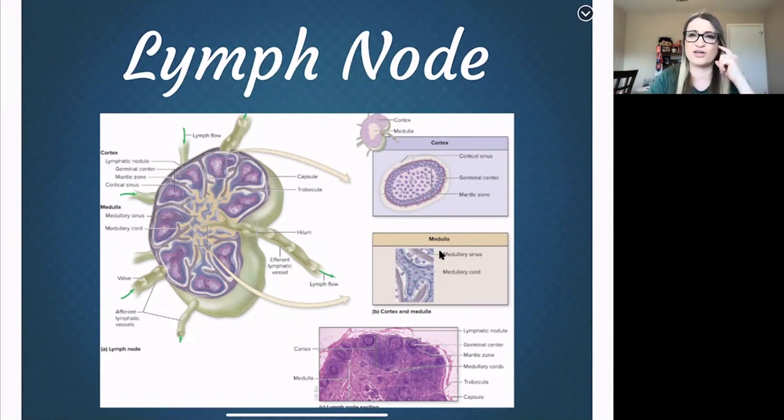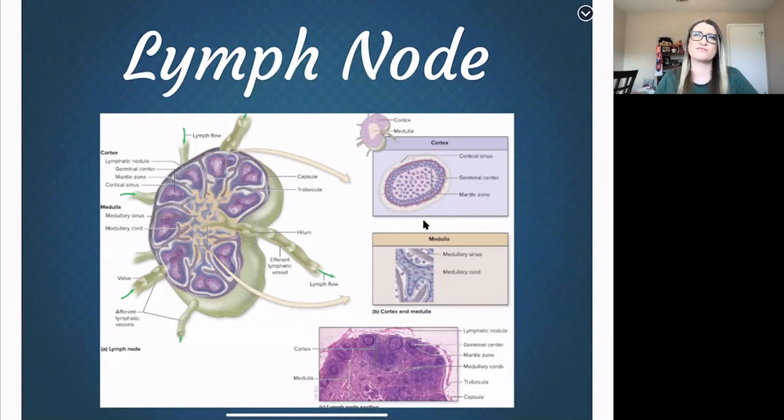It's connective tissue with B cells, T cells, and macrophages. The spaces between these medullary cords are medullary sinuses, and that's where the lymph flows through. As the lymph flows through, macrophages trap foreign substances, and the B cells and T cells can come in contact with pathogens and initiate an immune response.